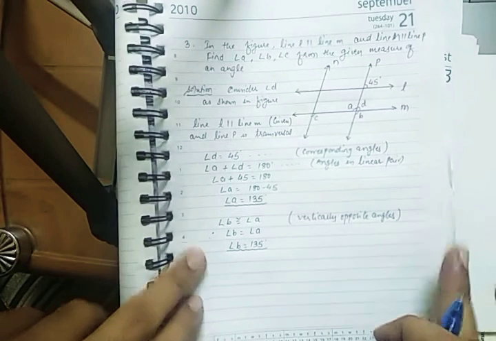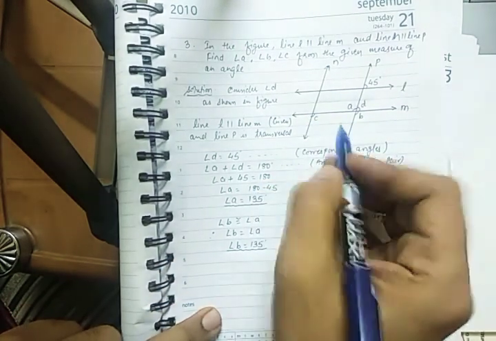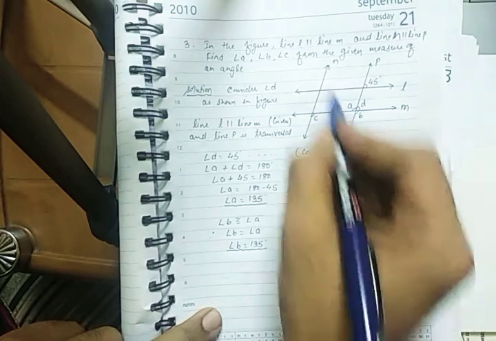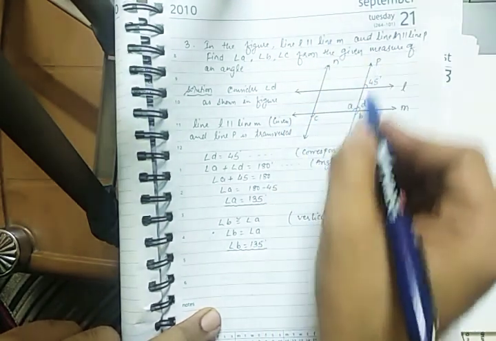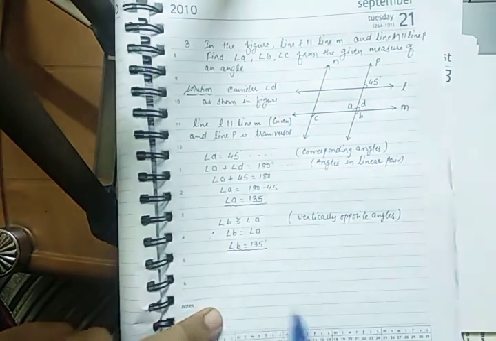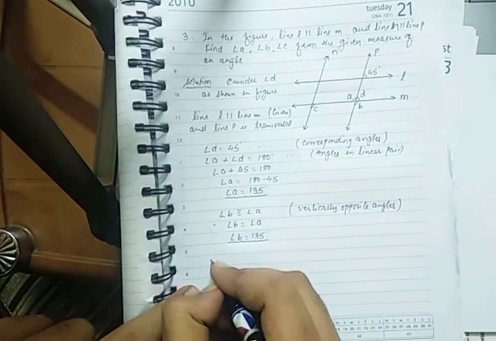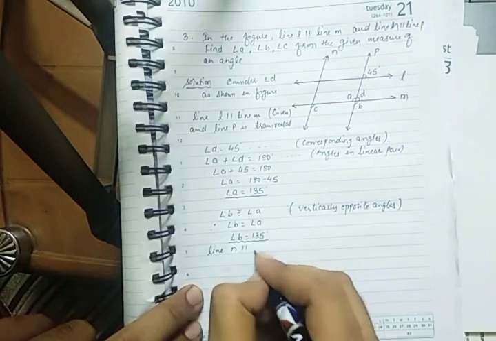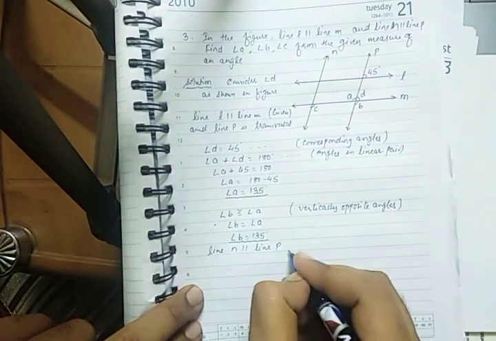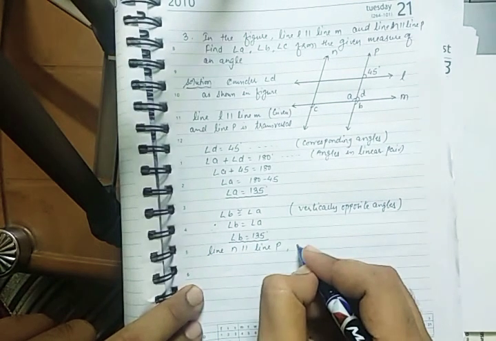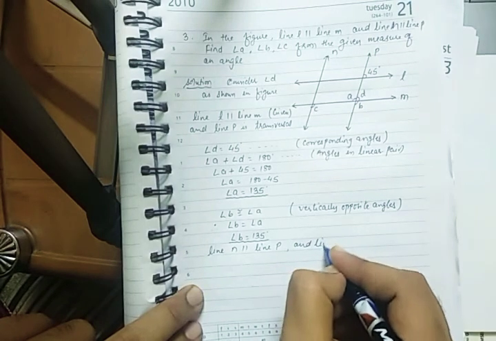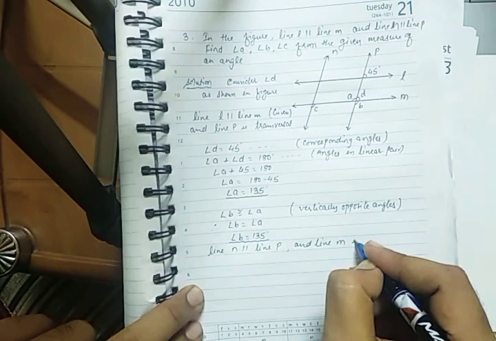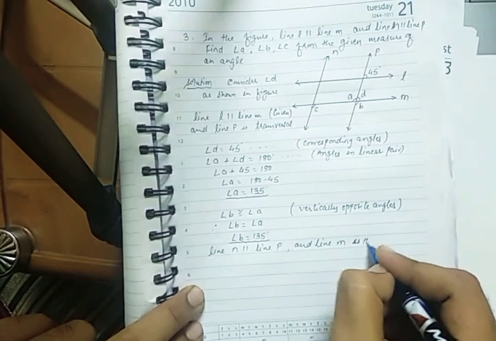Now I have to find angle C. Now look at C and B. They are corresponding angles between parallel lines N and P and transversal M. So I have to mention here that line N is parallel to line P and line M is the transversal.